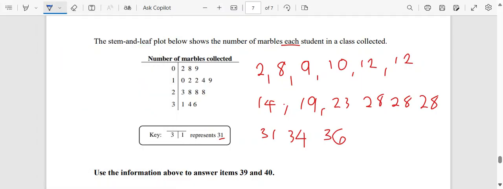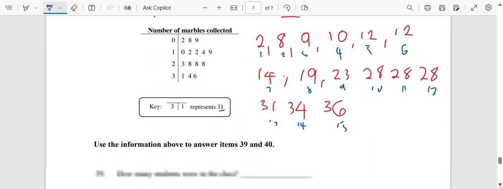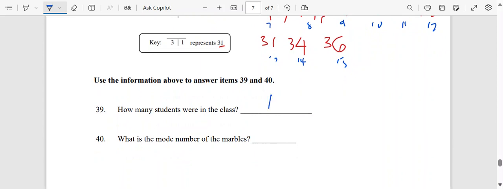We have 1, 2, 3, 4, 5, 6, 7, 8, 9, 10, 11, 12, 13, 14, 15. So our answer for that is 15 students.